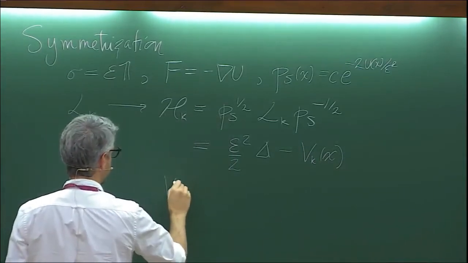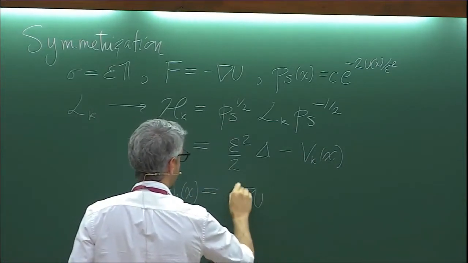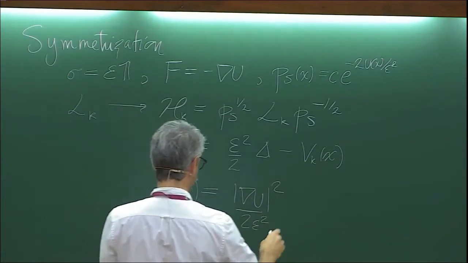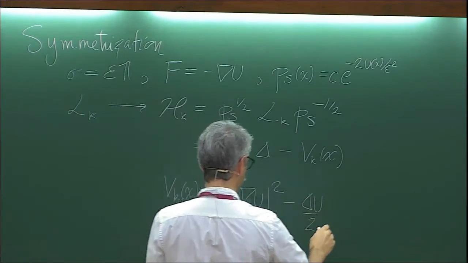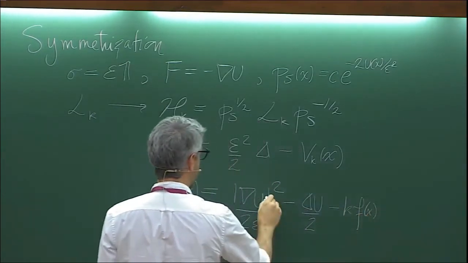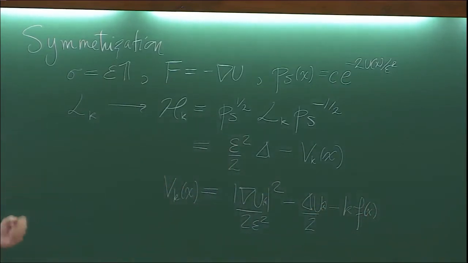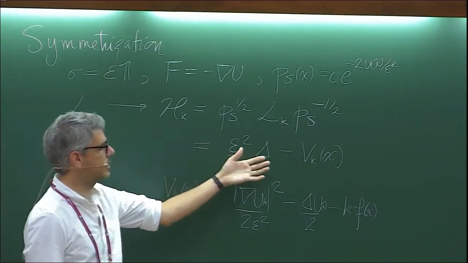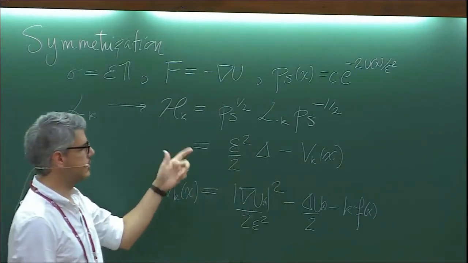And the potential is written explicitly as the gradient of the potential squared over 2 epsilon squared, minus the Laplacian of your potential divided by 2, minus k f. Okay, I have x everywhere here. So this is just a function. And if you look at this, this is a Schrödinger operator. You have a Laplacian minus a potential. Compared to the quantum problem, actually there's a minus sign difference.